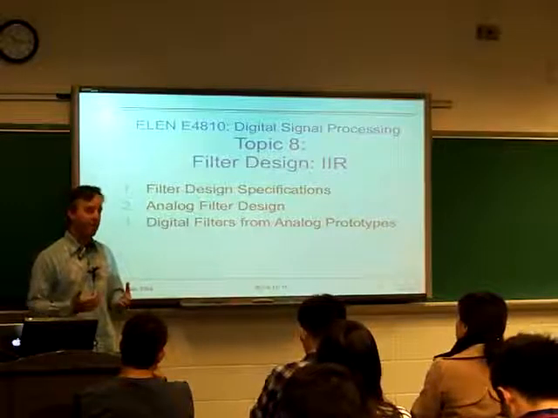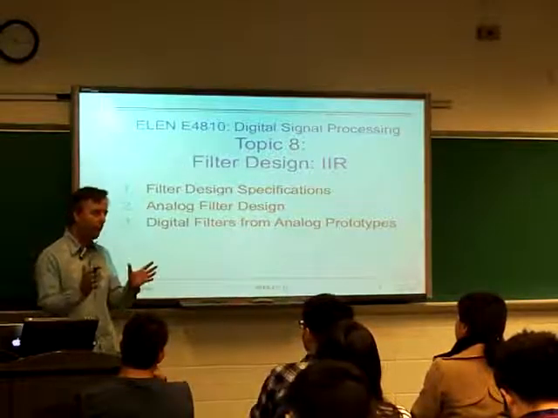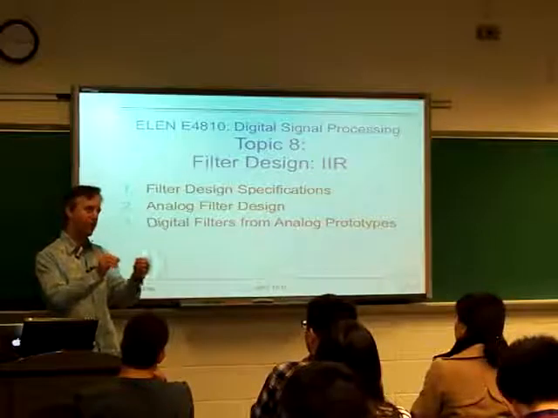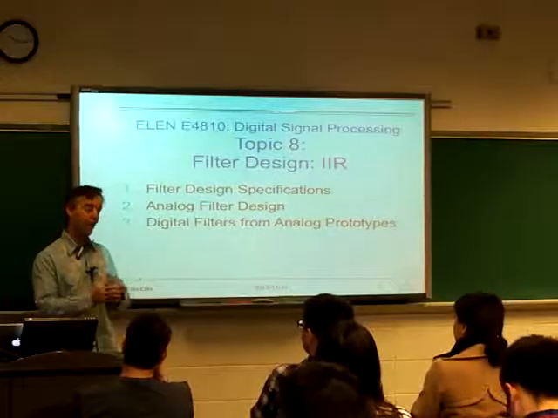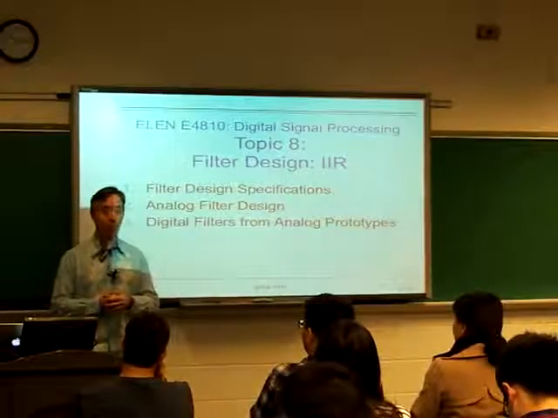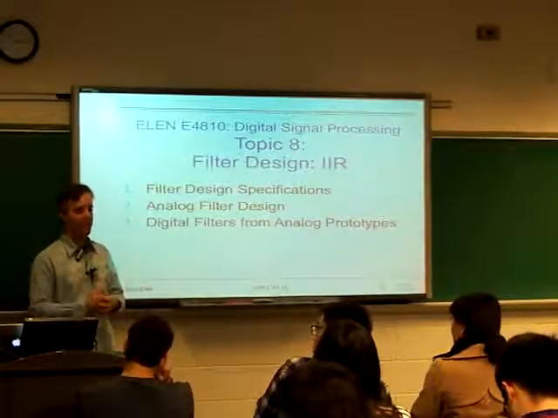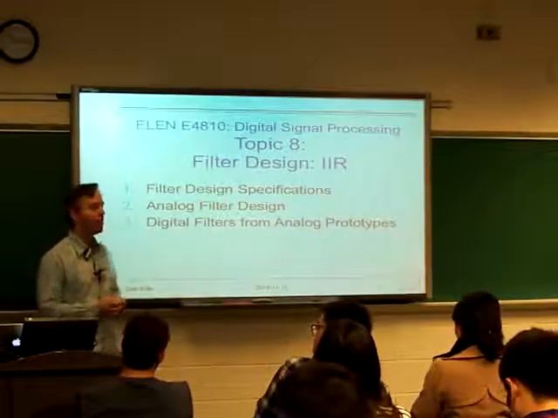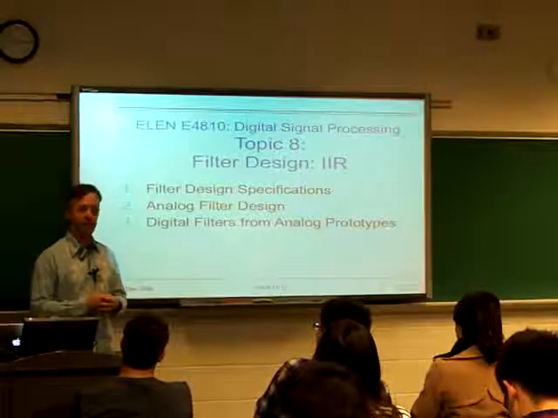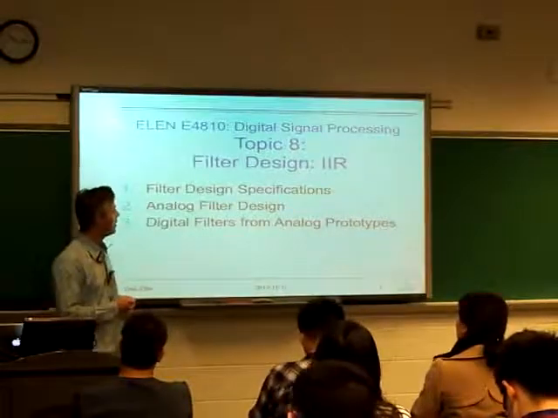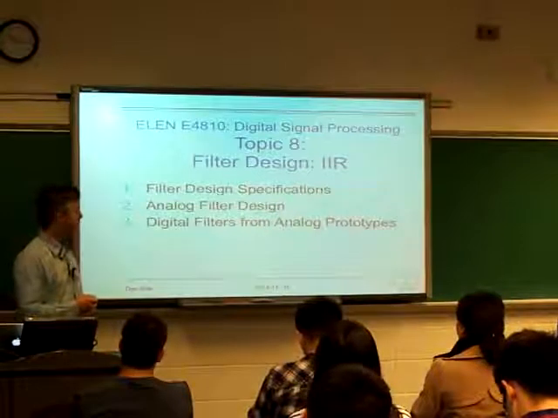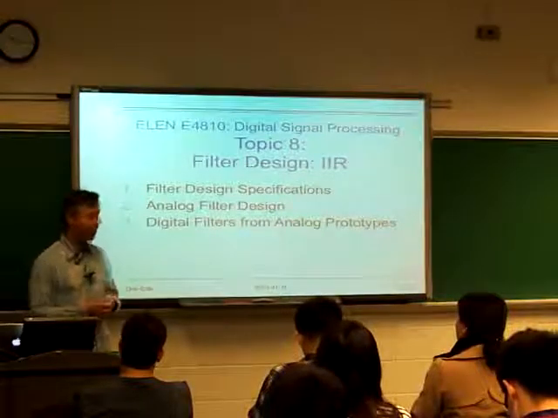And what we'd like to be able to do now is, okay, fine, we know that they are out there. We sort of know that we can hand build them by moving poles and zeros around to get the desired effect. But what's the systematic way that we can build filters with specific effects, specific parameters that we want? And so that's what we're going to learn about in the next couple of weeks.